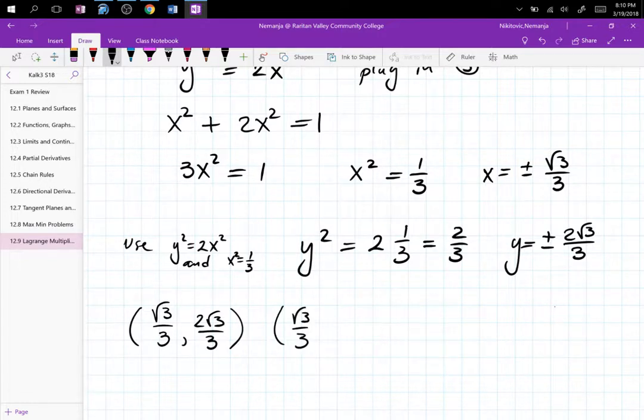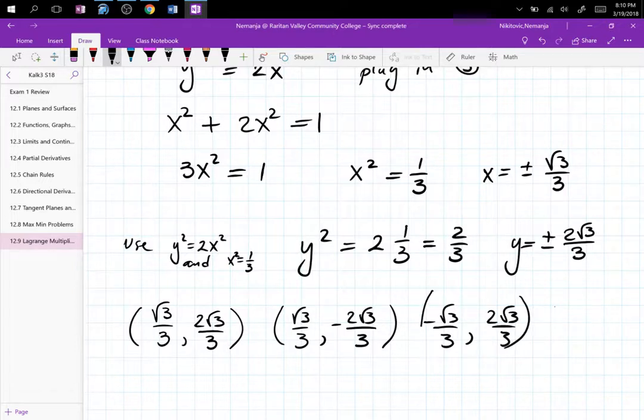Root 3 over 3, negative 2 root 3 over 3. Negative root 3 over 3, 2 root 3 over 3. Negative root 3 over 3 and negative 2 root 3 over 3. Yay! 4 points.